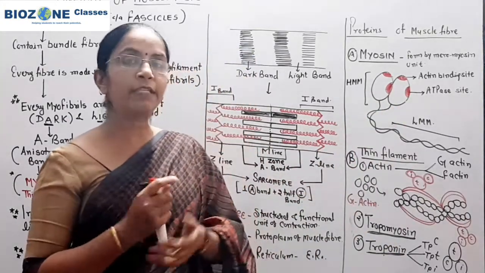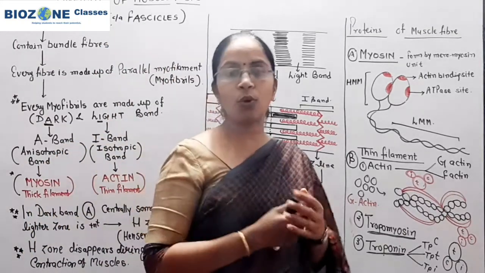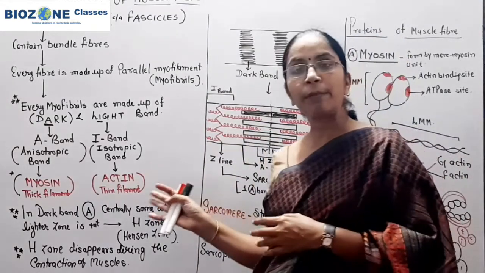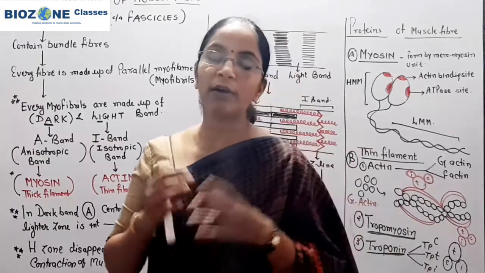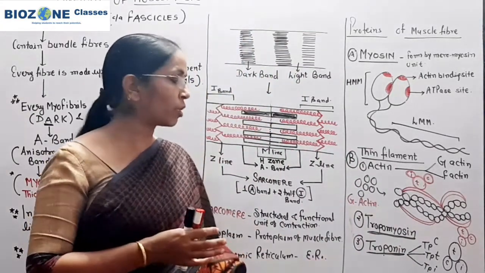The part which disappears during muscle contraction is the H zone of the muscle fiber or sarcomere. The H zone disappears during muscle contraction. True and false type questions are asked on this topic.